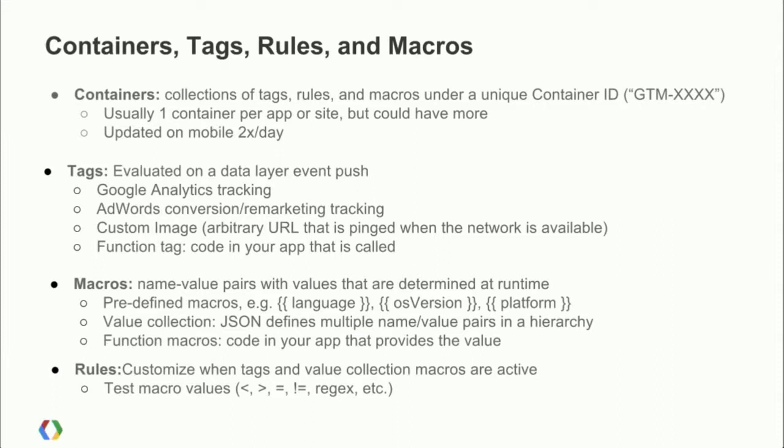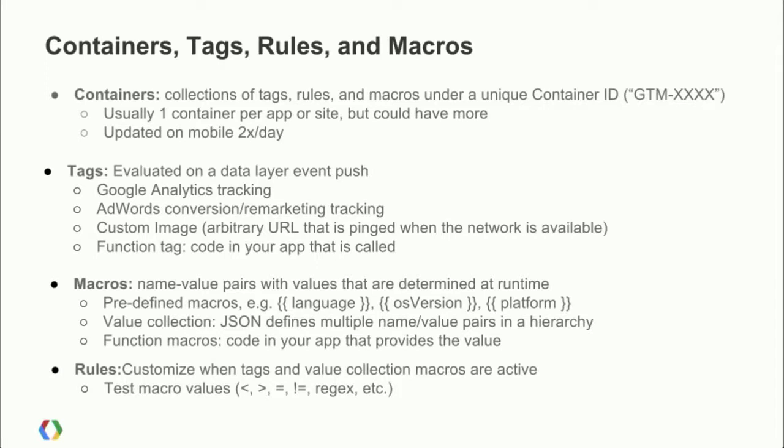And then finally, what really puts it all together are the rules. You specify rules for when value collections are going to be active. As an example, we'll see one when we look at our UI overview, you might have one value if you're on a particular version of the operating system and another value in a different version.